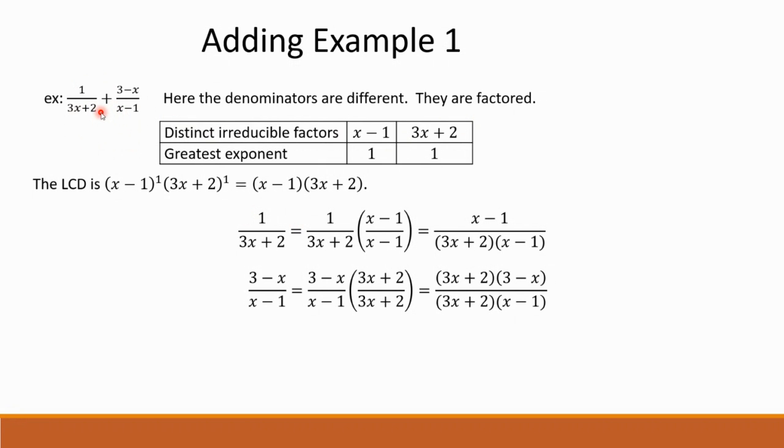The only exponent of each factor is 1. So because of that, the LCD is just this: x minus 1 to the first times 3x plus 2 to the first. And that's just equal to this.